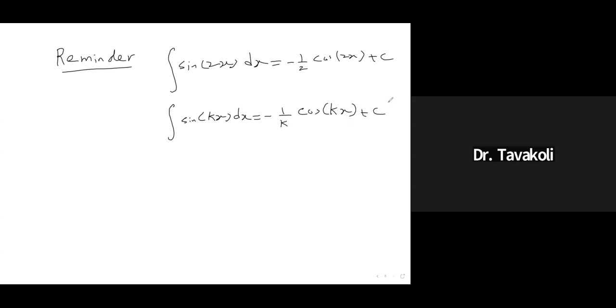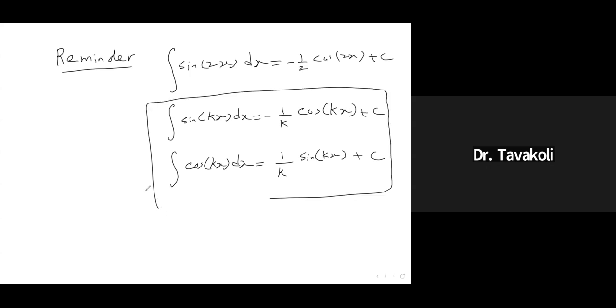And in a similar manner, as you have seen by using substitution, the integral of cosine of kx. If I use the substitution u equals kx, I get this formula.